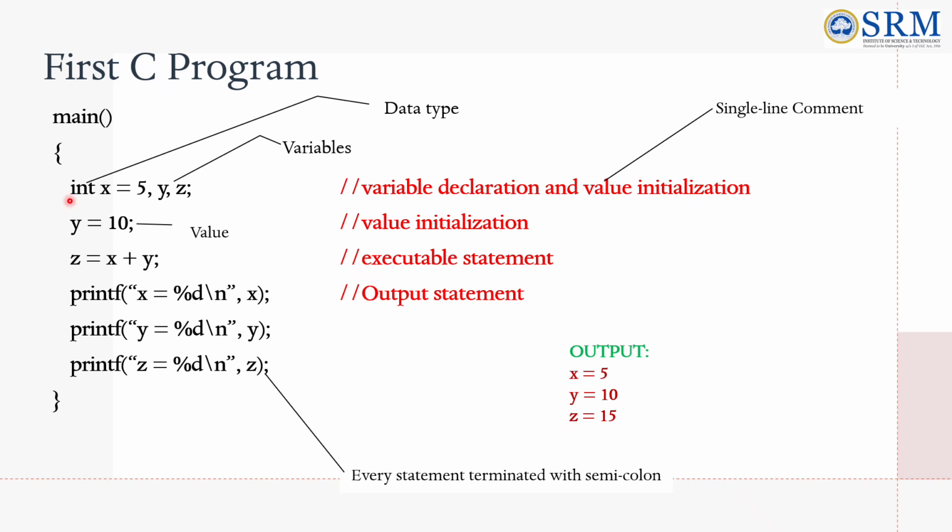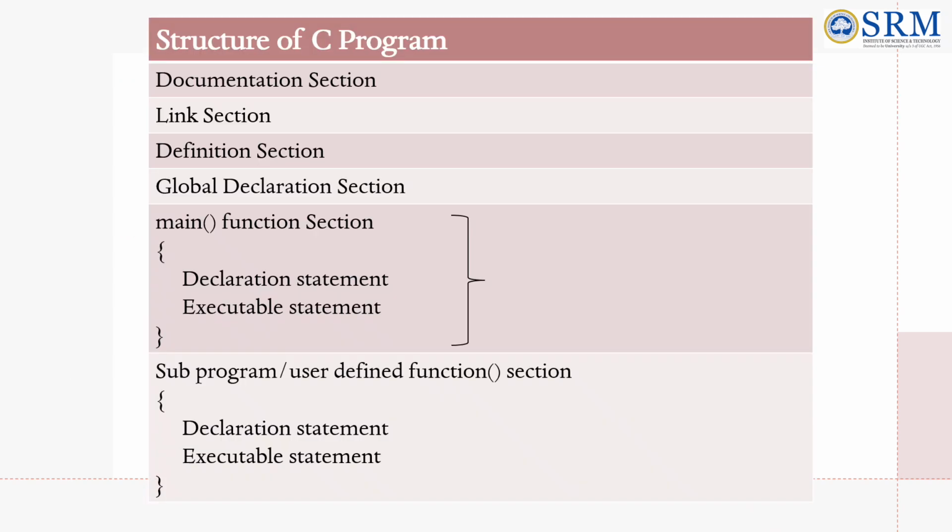And here this integer is called the data type. X, Y, Z are called variables. So these are called single line comment statements, and all the lines in C program are terminated with semicolon. Thus, with the above simple C program, we have understood the main function section.